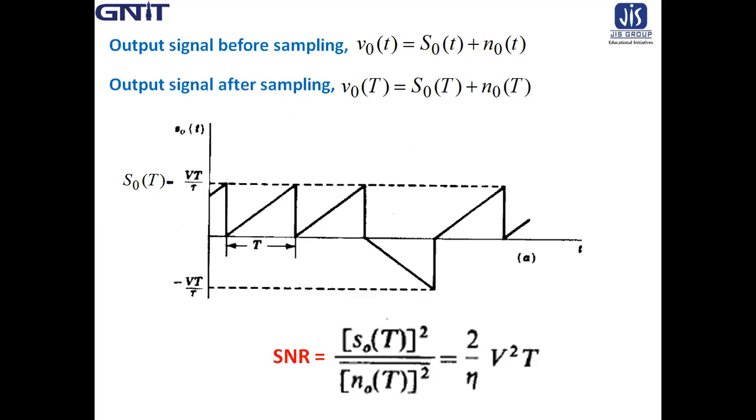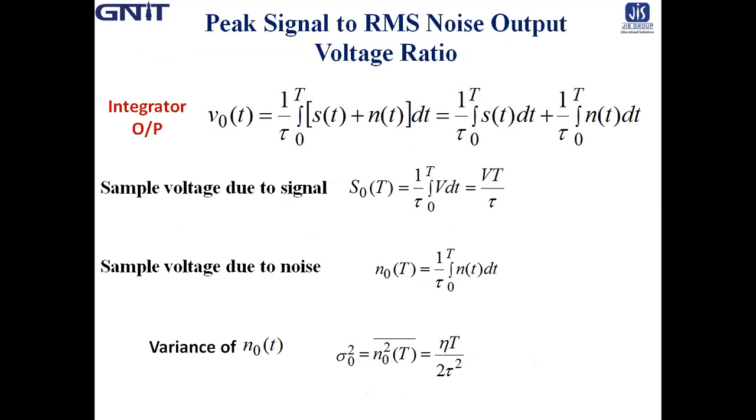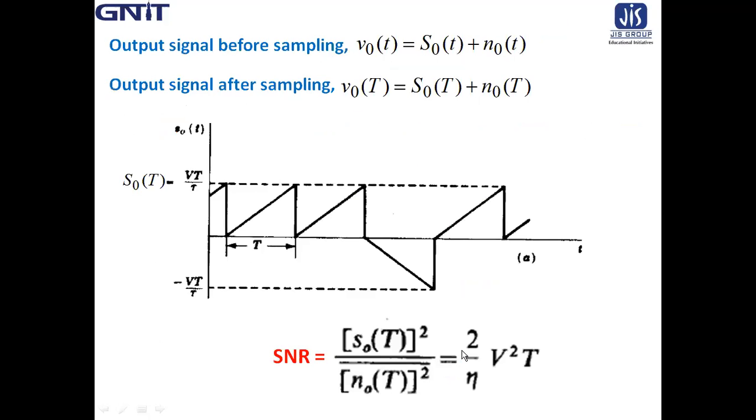First it is squaring s0(T), where s0(T) is VT by tau, so V square T square by tau square, and the denominator term is eta T by 2 tau square here. So it will be 2 by eta into V square T.